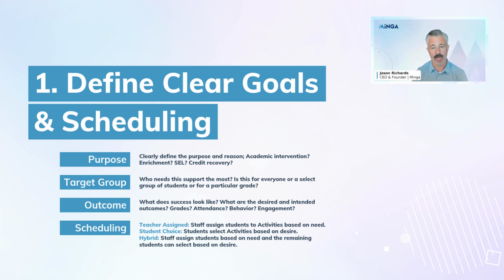We're very used to teacher assigned functionality, where teachers will go in, and maybe every teacher is responsible for their homeroom, and they will assign students to flex activities based on student needs. Especially if we're looking to drive engagement, then student choice is probably going to be a big part of it, which means that students can browse a list of options that are available to them, and they can choose where they want to go.